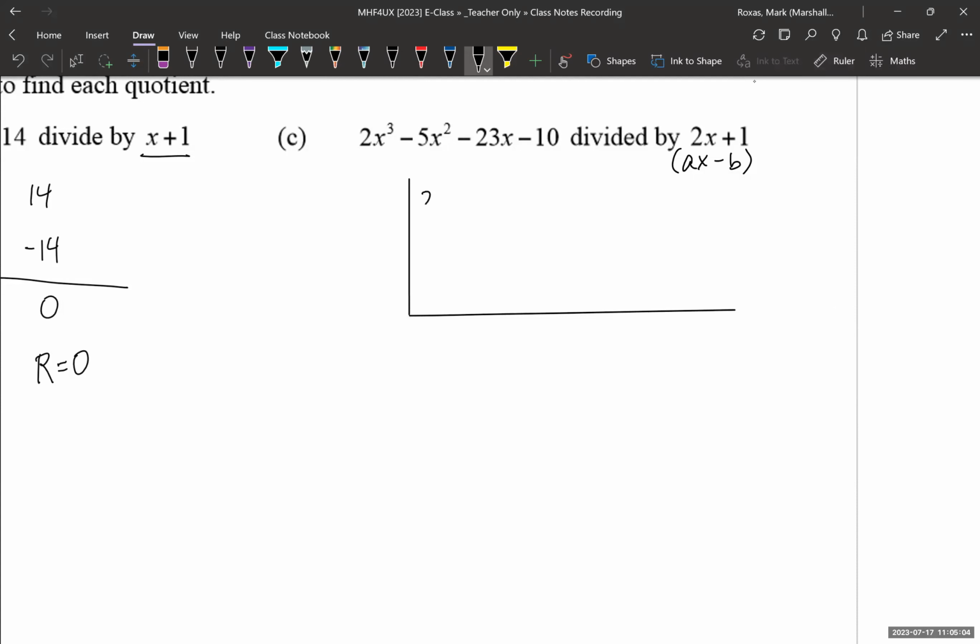Leading coefficients are 2, -5, -23, and -10. There are no missing terms there, so that's fine. And what will be the factor that goes on the side? Okay, well, we're going to say it's -1/2.